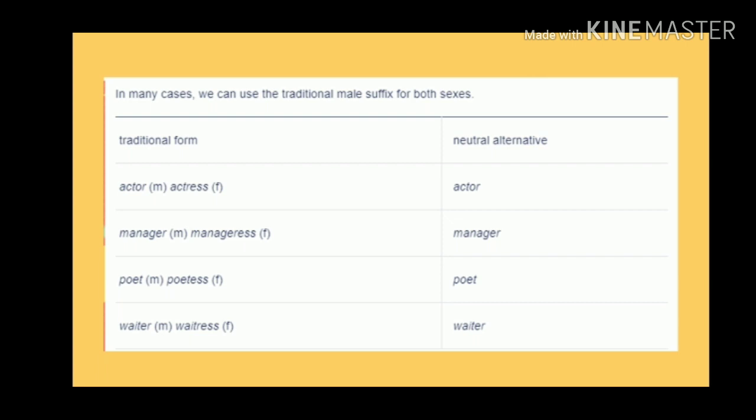And now as the neutral alternative, actor and actress have the neutral alternative actor. Manager and manageress have the neutral alternative manager. Waiter and waitress have the neutral alternative waiter.